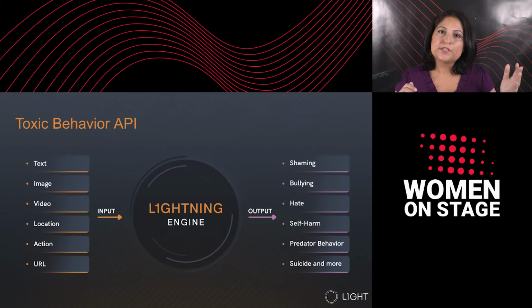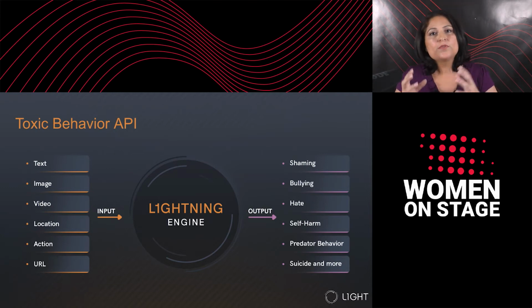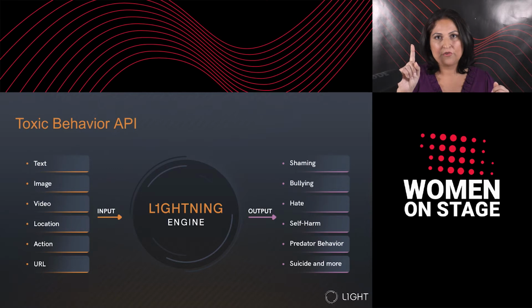We get inputs in the form of text, images, videos. We send them into our engine and output toxic behavior like bullying, shaming, etc. Today, I would like to focus on one behavior, the cyberbullying in text messages. So let's begin and crack the cyberbullying model.